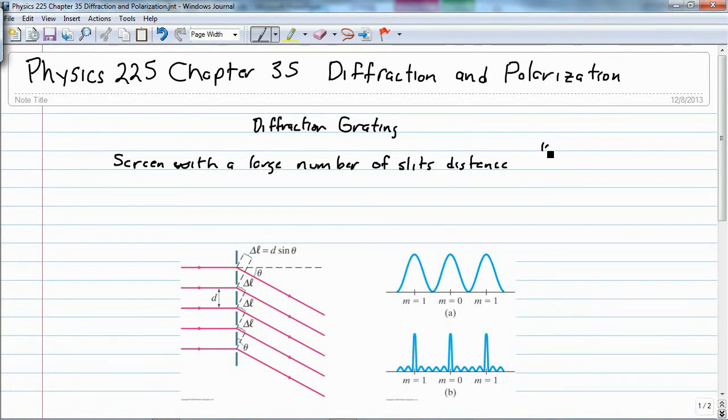So it could be 10,000 lines per centimeter. Could be a lot of different values here.